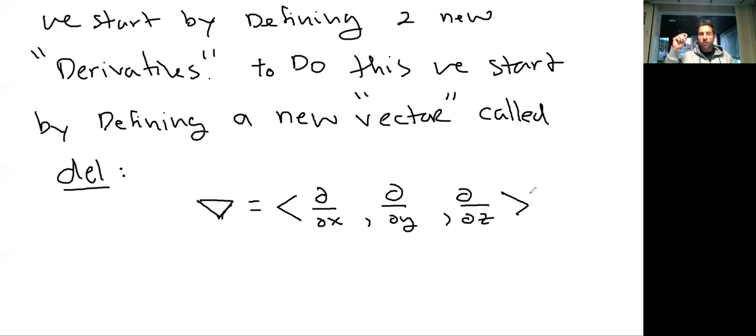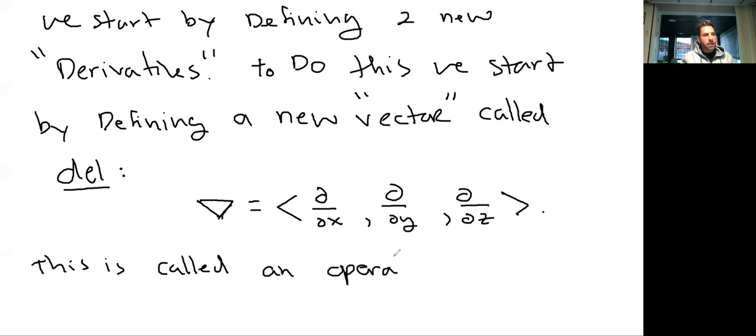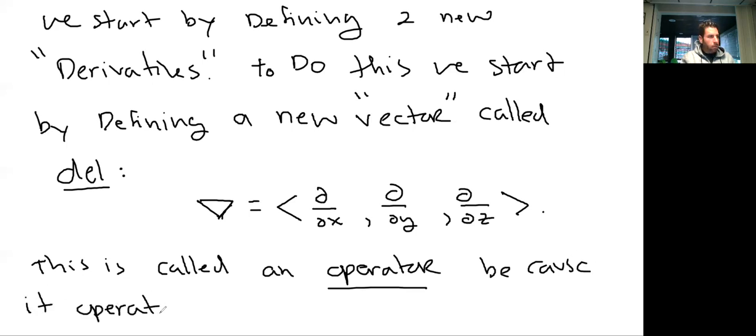Notice there's no function here. So this is called an operator. Why is it called an operator? Because it operates on functions. It does something to them.